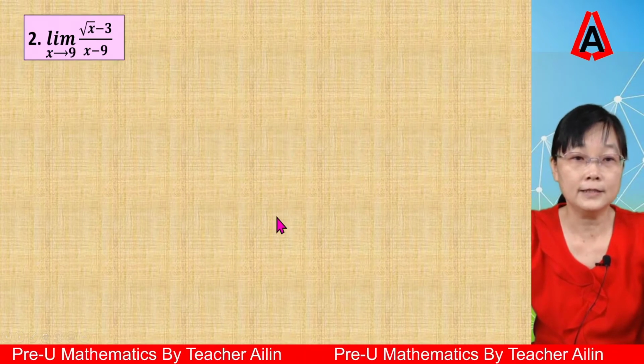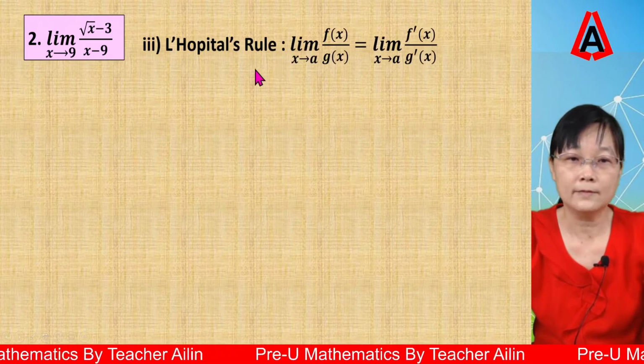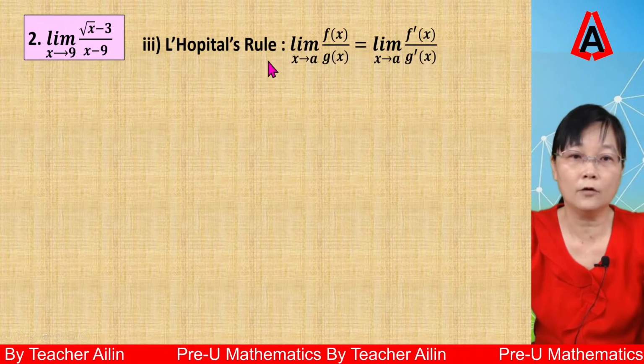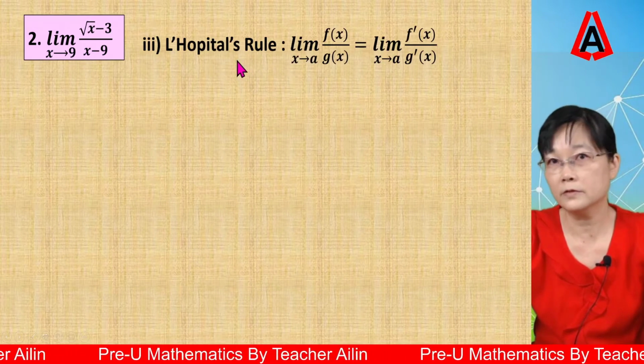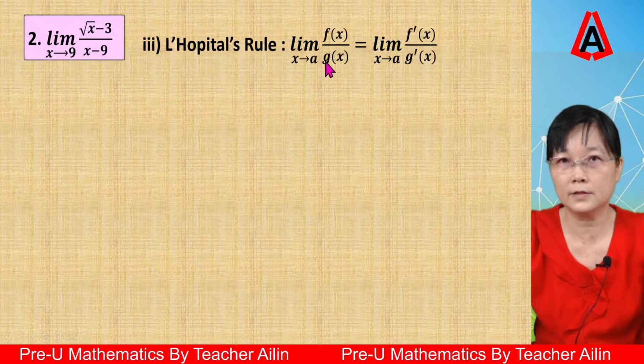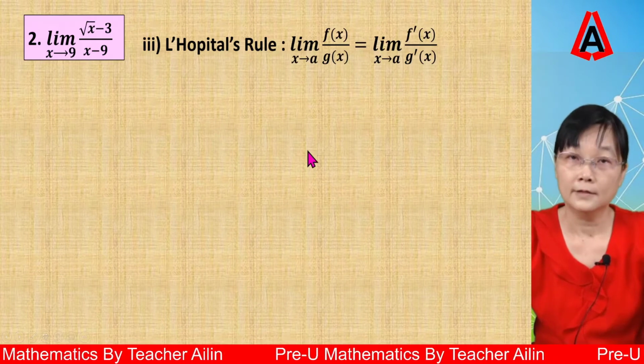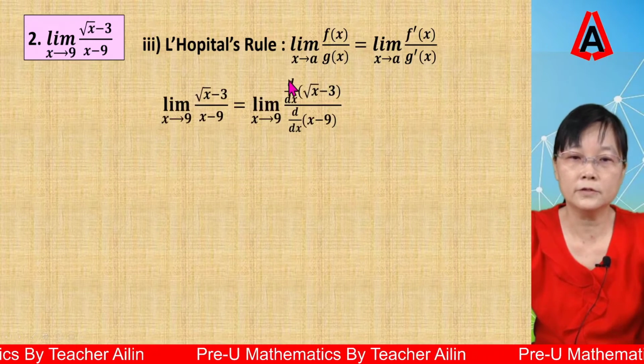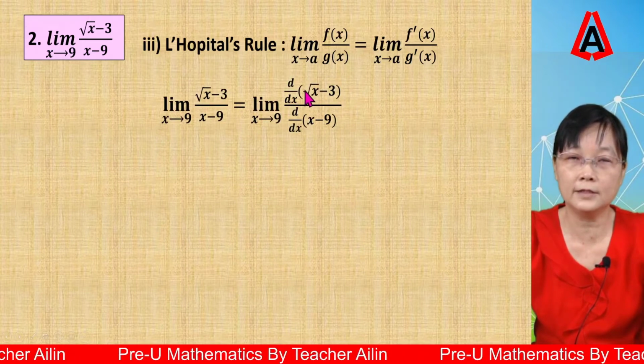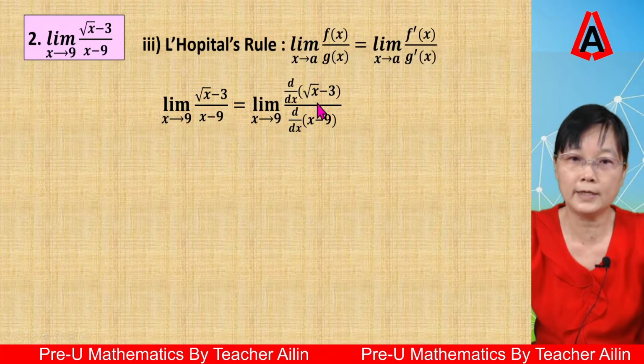For the third method, same thing, I'm going to use the L'Hopital's rule. Remember students, if you want to use L'Hopital's rule, you must write down the formula here. Then, to use L'Hopital's rule, you need to derive the numerator and the denominator.